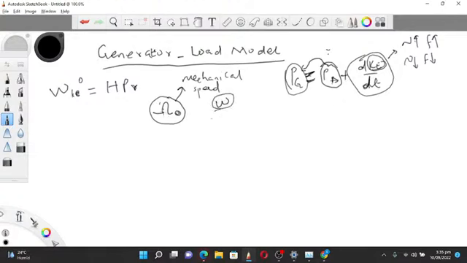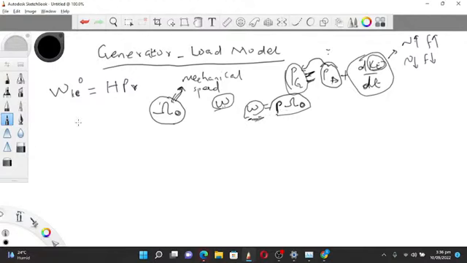If you want to change from mechanical to electrical, you multiply by pole or pole pair, however you take it. You will see an expression where this is changing to this somewhere. I'm just telling you right now so that when you get there you will know. So this is a mechanical component; multiply by P, you get the electrical component. That's where it came from.